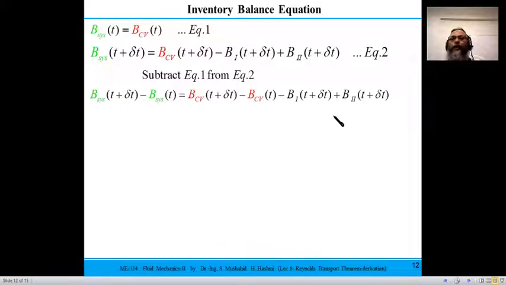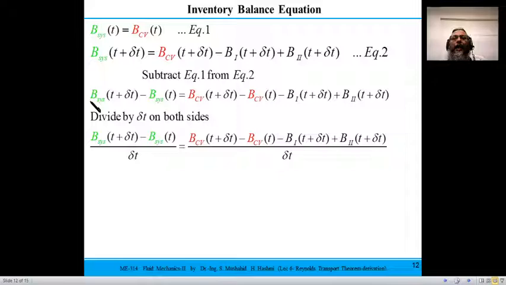You get this equation, and then we just have to do the mathematical manipulation of dividing by delta t on both sides of the equation. This quantity is the change of the extensive property of the system that has taken place in time delta t.